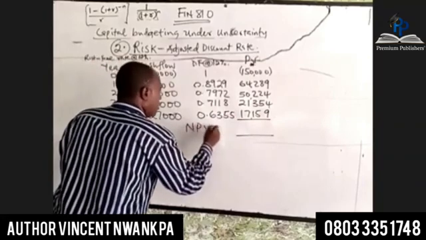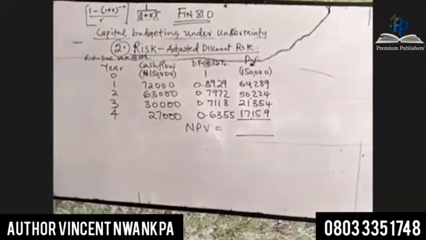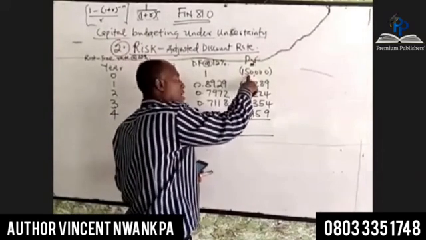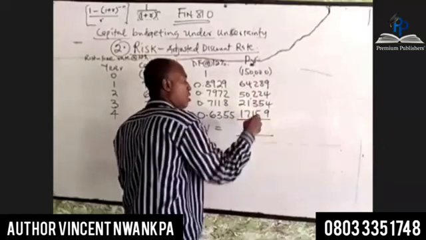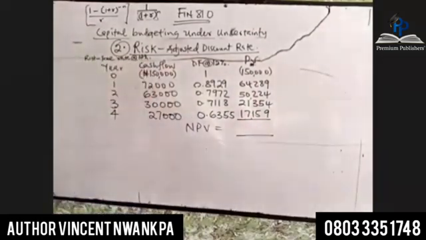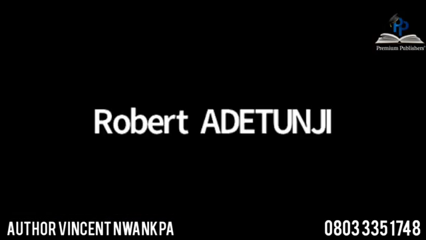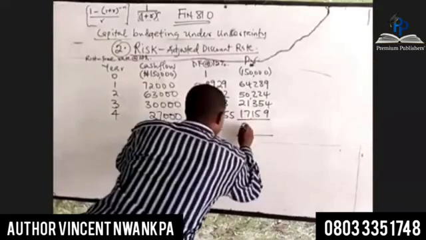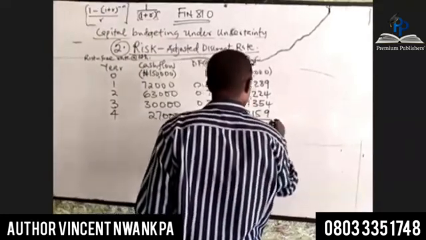Our NPV is what? The PV at year 0 is a minus, minus plus this, plus this, plus this, plus this. What do we have? $3,025. Is it positive or negative?